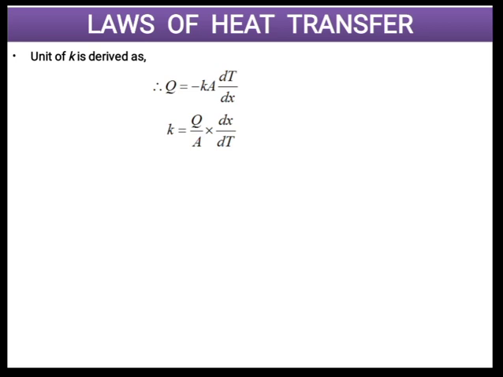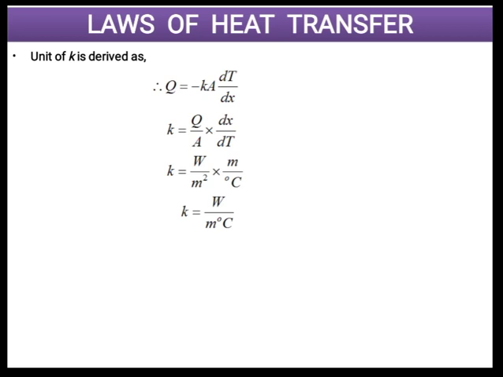Now we will substitute units for each individual quantity. The unit for Q, heat, is watt, the unit for area is meter square, the unit for change in distance is meter, and the unit for change in temperature is Celsius. So now this meter square will absorb this meter. So what remains with us is watt per meter degree Celsius. But now notice one thing.